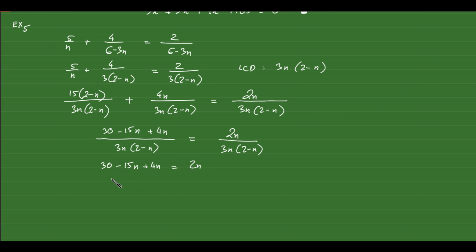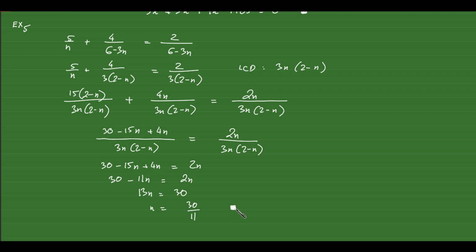Okay, so this gives you negative 11n equal to n. Alright. So what we have over here, I see that we have linear, so we have 13n equal 30. So n equal 30 over 11, and that will be your final answer.